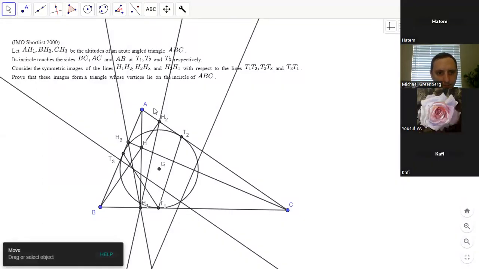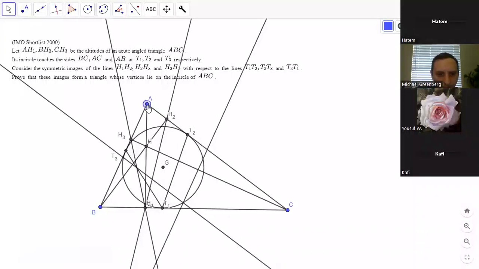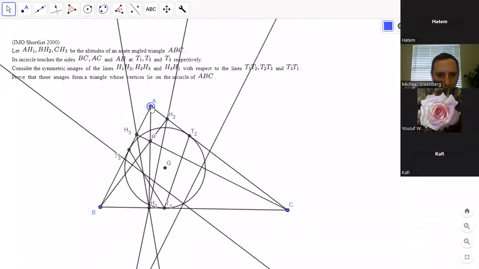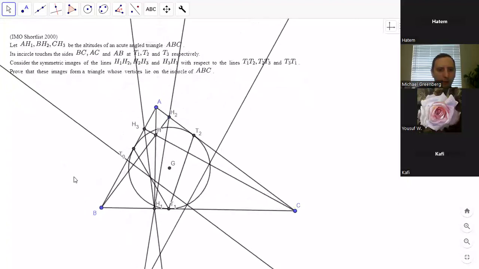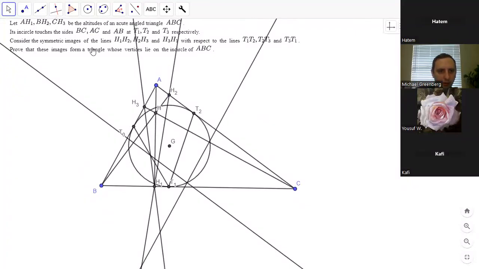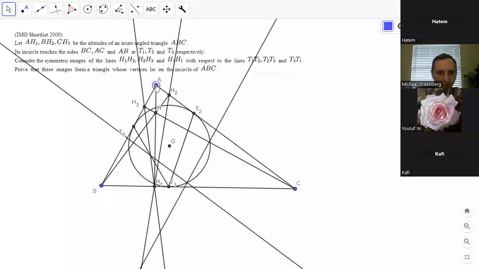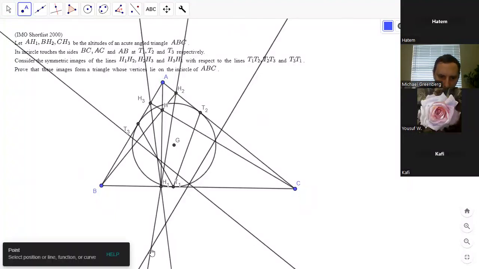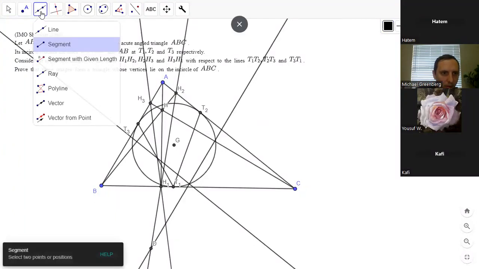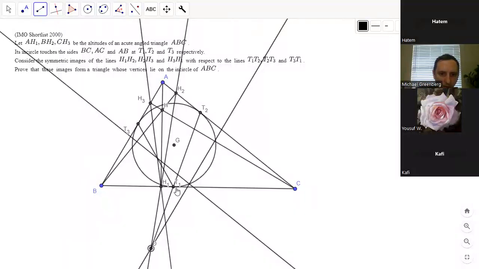Okay. So yeah, I just want to make it clear that this line is a reflection of this over this. So maybe I can draw the diagram in some better way to show that. So maybe like this. That way we can see it's the reflection.